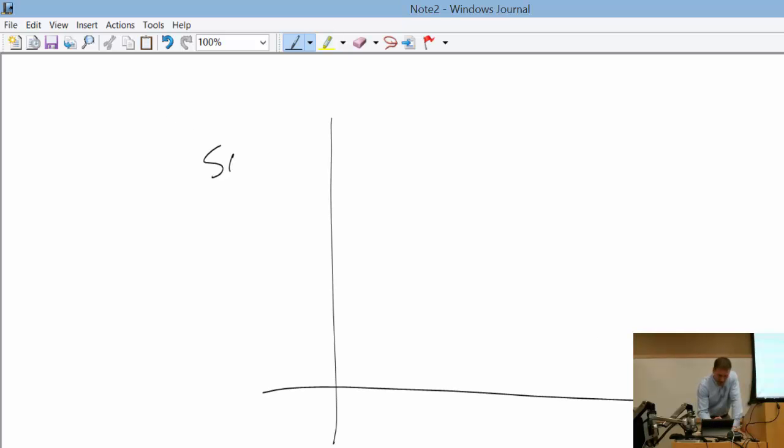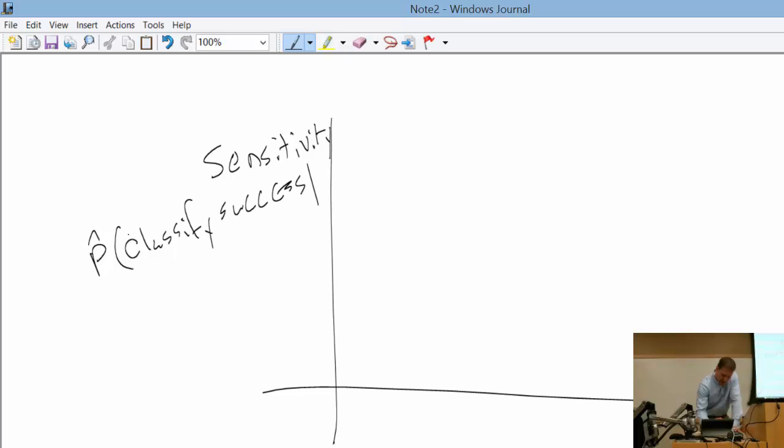We have the sensitivity of a classification method on the y-axis. And essentially that is the estimated probability that you classify an observation as a success, given that it is actually, or truly, a success.